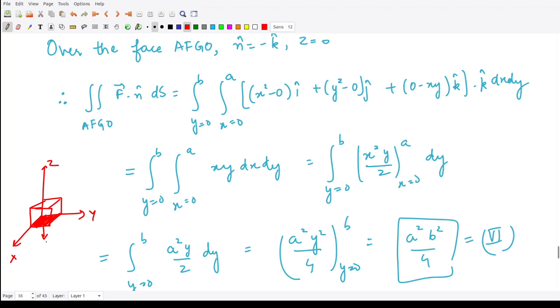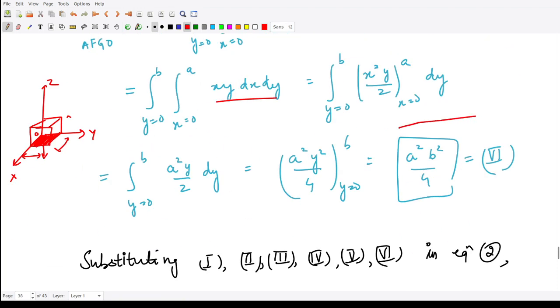Now this direction is the negative z direction, so the unit vector here would be minus k cap, and here the value of z is equal to 0 at every point, and the only things that are varying are x as well as y, right? So we have the vector f and the direction n cap, so you take the dot product here, solve this integration, and finally you obtain the value, this one.